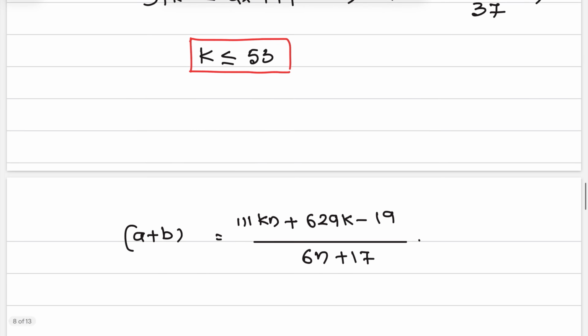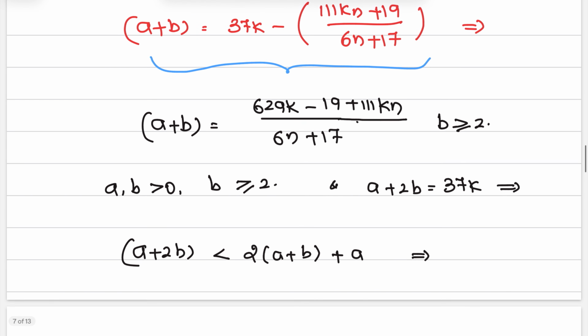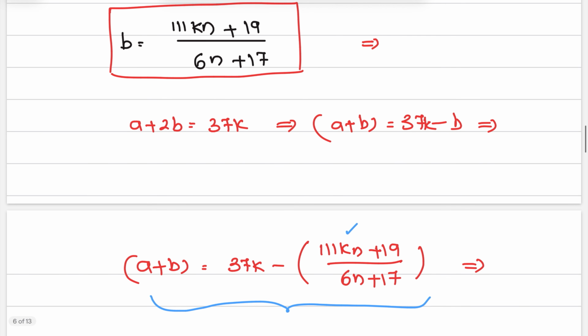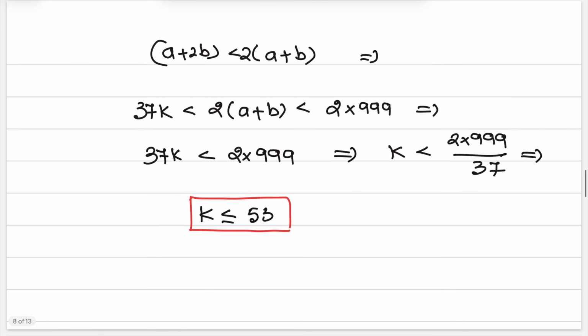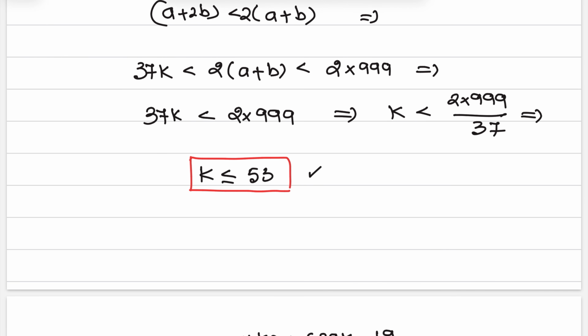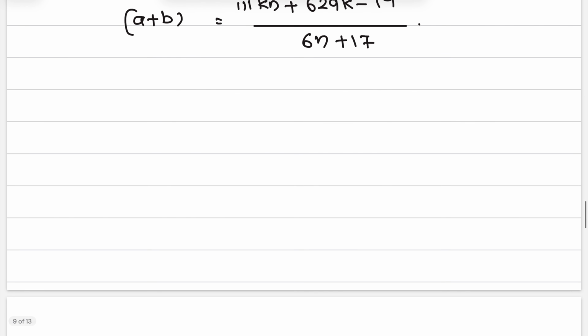K should be less than or equal to 53. That's what we have got here. With the condition k should be less than or equal to 53 and n should be greater than 1.